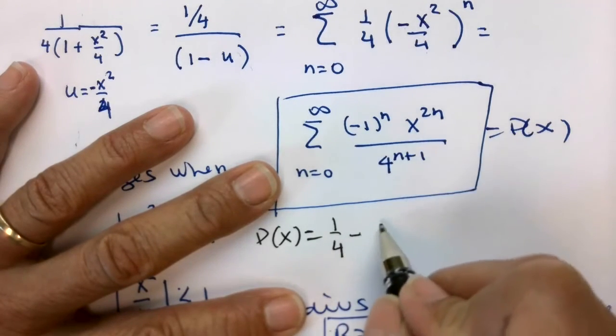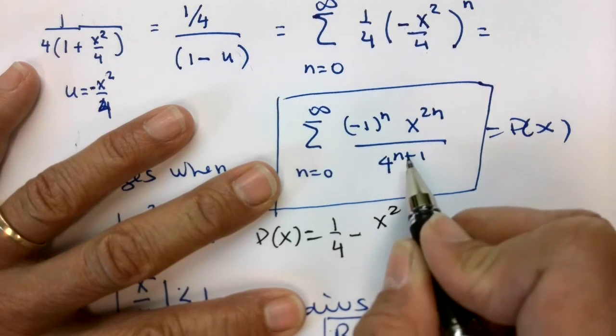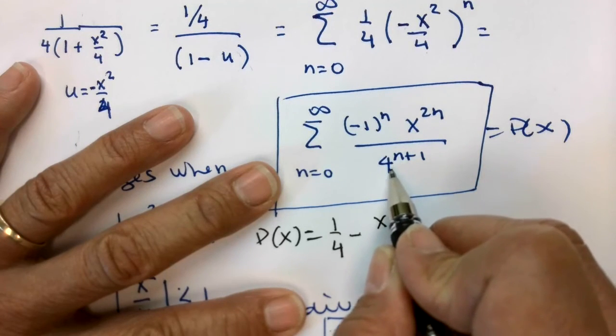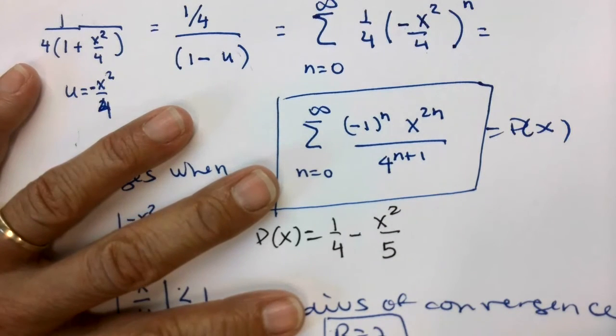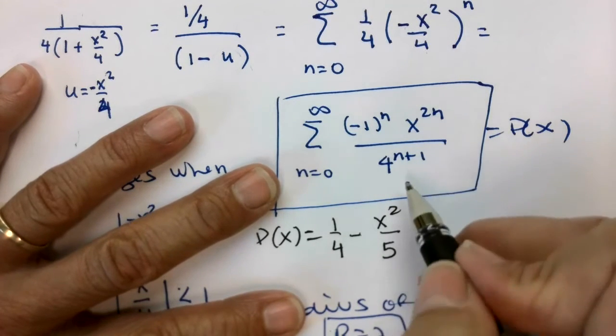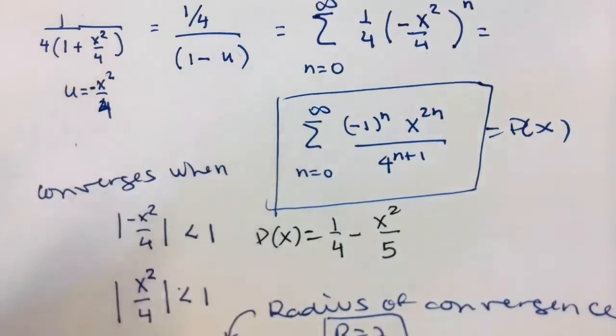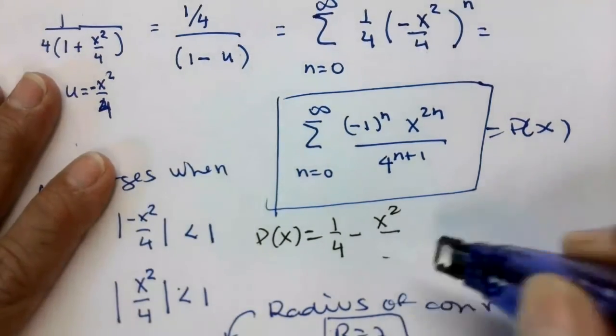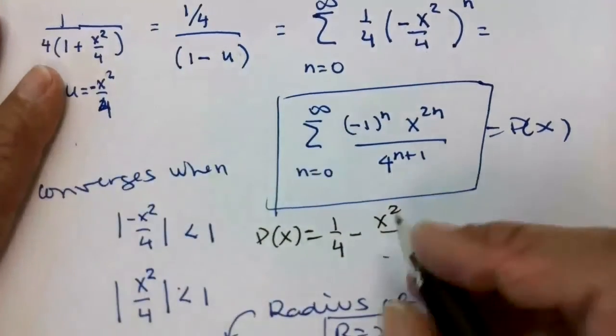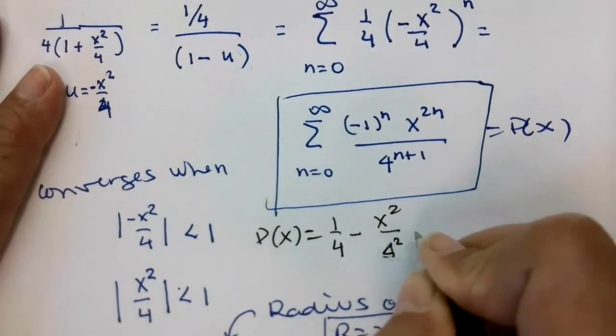I'm going to get x squared over, n is 1, I'll get 4 squared. How about that? Yeah, that's better.